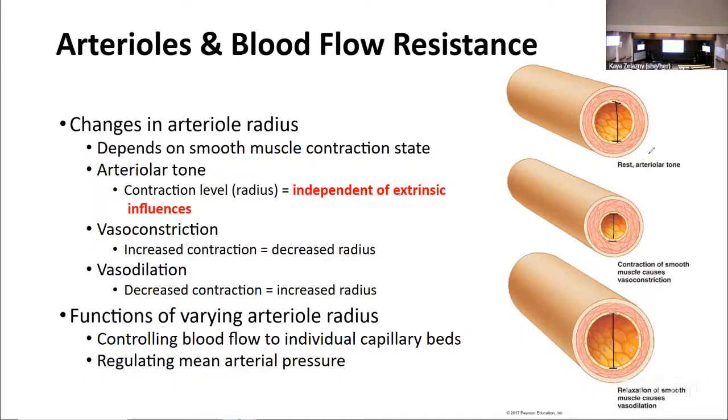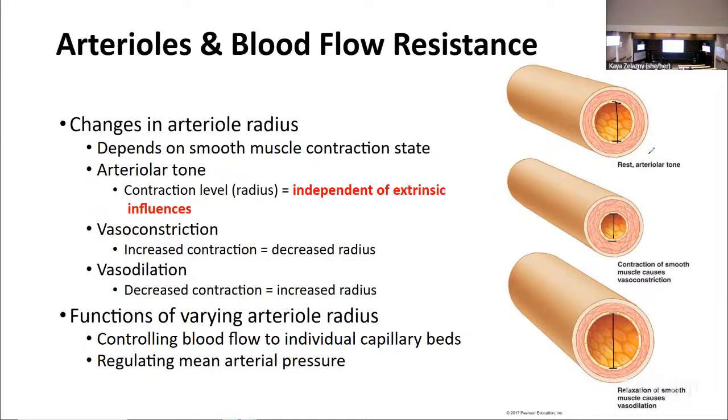So how big the radius of an arteriole is going to depend on how contracted that muscle is. Smooth muscle has this property of tone where you've got this kind of intermediate amount of contraction at rest. So this arteriolar tone doesn't require any neurotransmitters coming in.